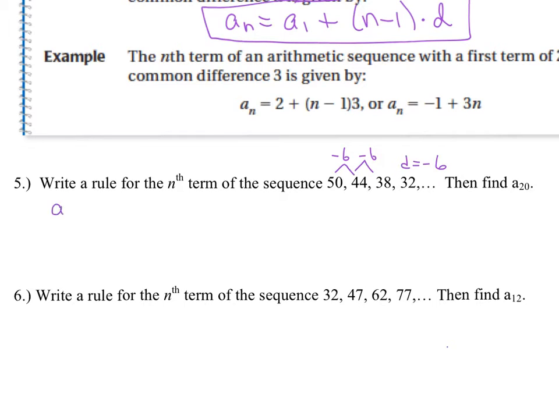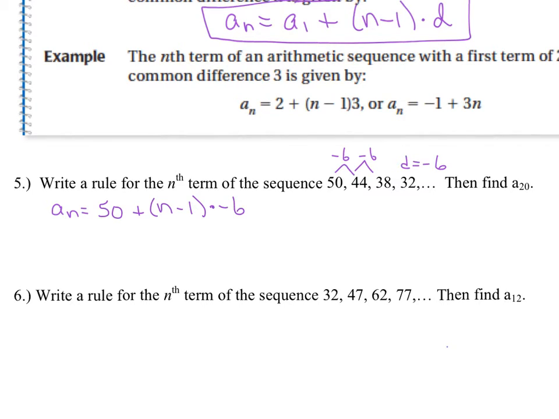So a sub n is equal to the first term, because if I see up here my formula at the top, it says a sub 1, so that represents the first term, and our a sub 1 in this example is 50, because that's the first term of the sequence, plus n minus 1 times the common difference, which in this case is negative 6.